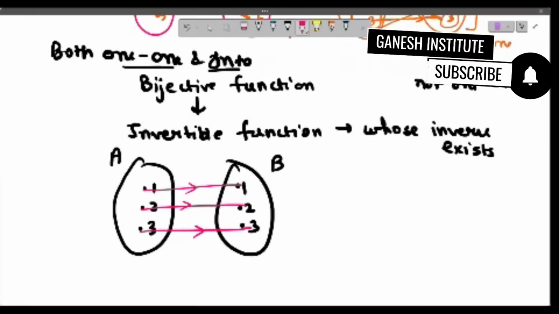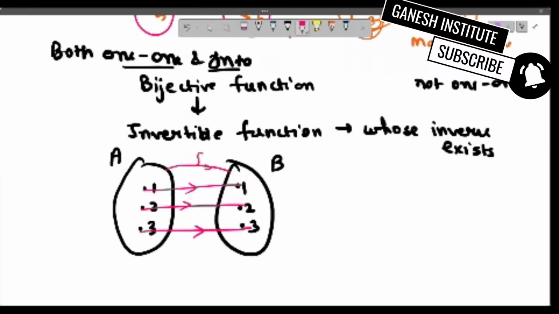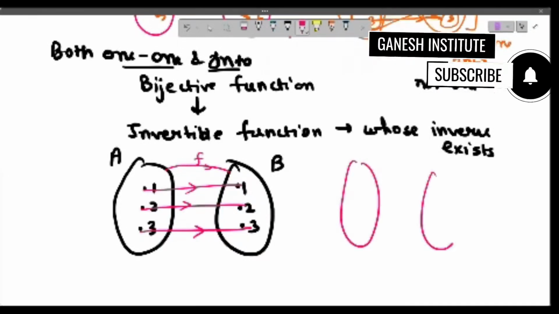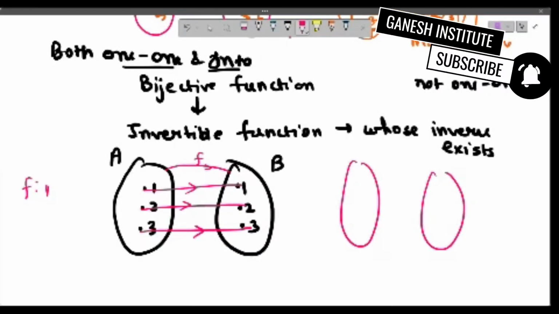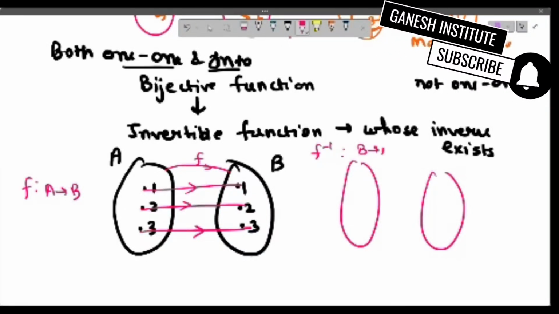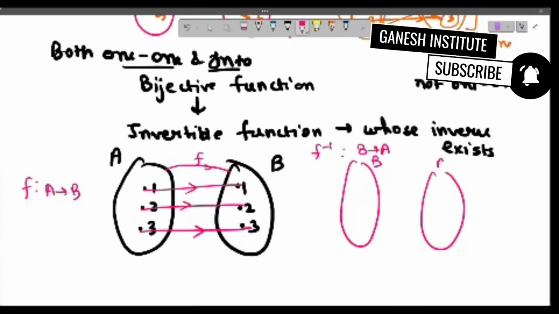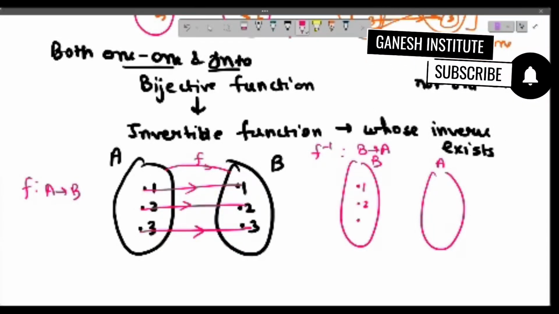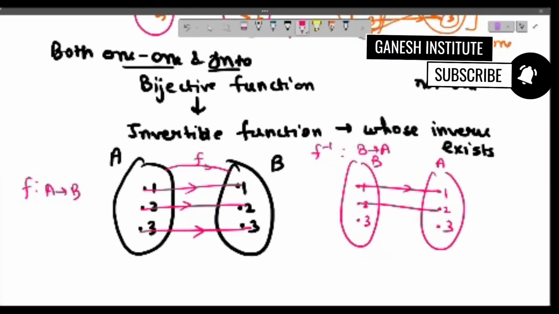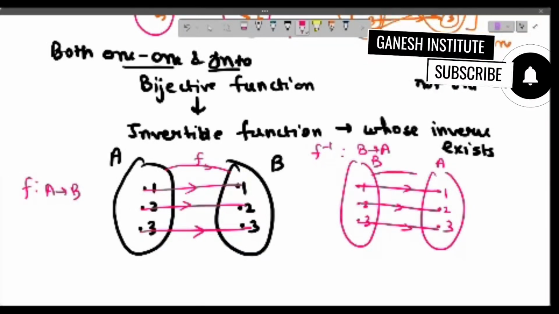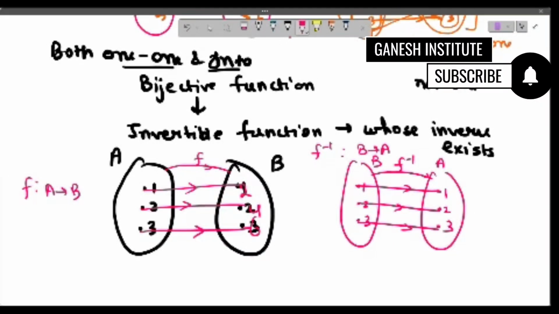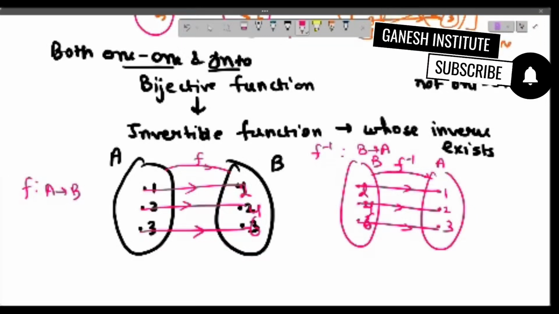Both one-to-one and onto, it should be bijective, right? Yes, it is bijective. So the function moves from A to B, but its inverse moves from B to A. So now you will change the sides, though these are the same. But can you see? This is F inverse, okay? In order to distinguish, let me write this. 246. Is this fine?